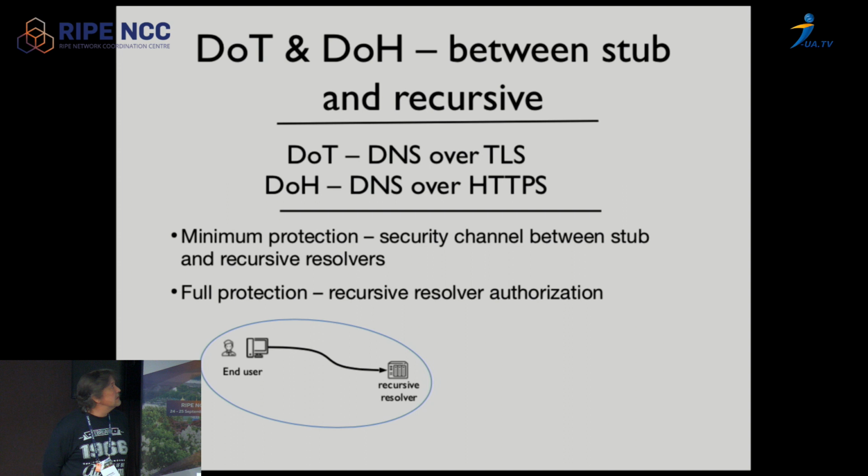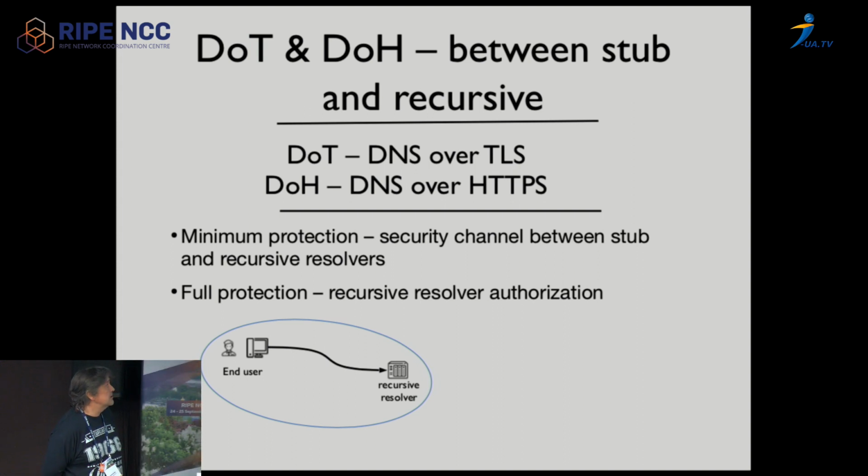Next, DNS over TLS and DNS over HTTPS. This is also about protecting the channel between the user and the recursive resolver. It is quite simple with DNS over TLS.